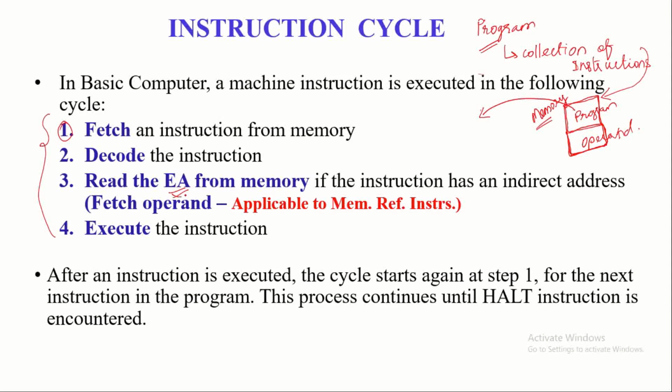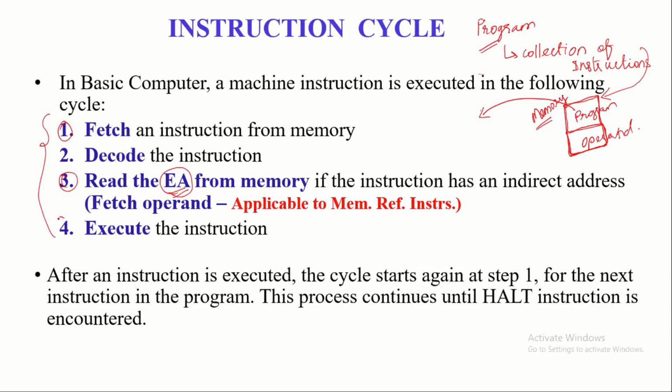Here, the effective address of the operand is required in order to fetch the operand whenever a memory reference instruction is executed. This third phase is applicable only for the memory reference instructions and not applicable to register reference and input-output instructions.